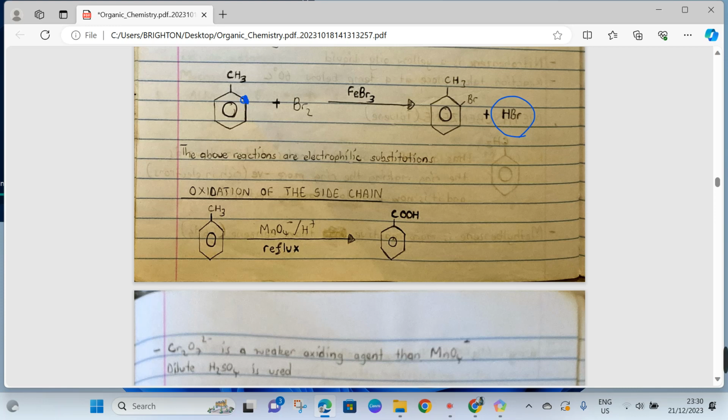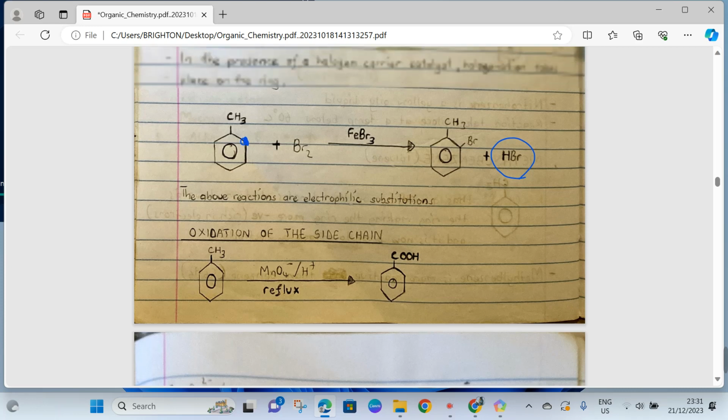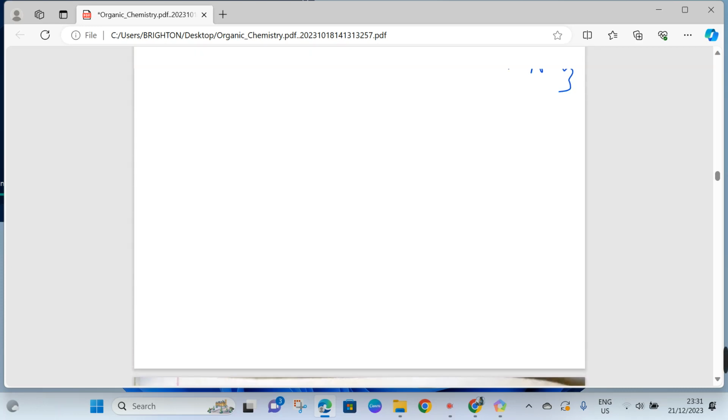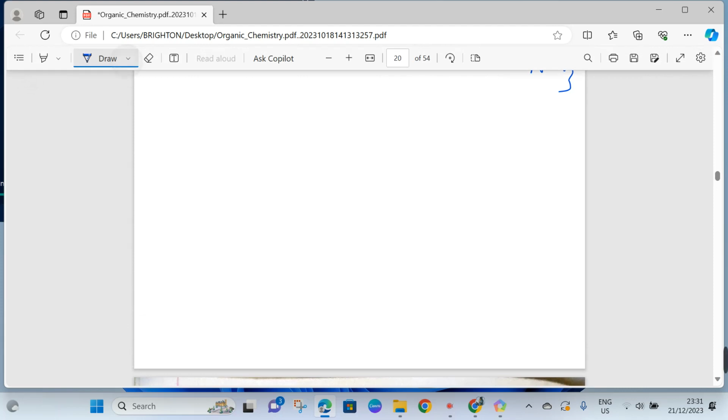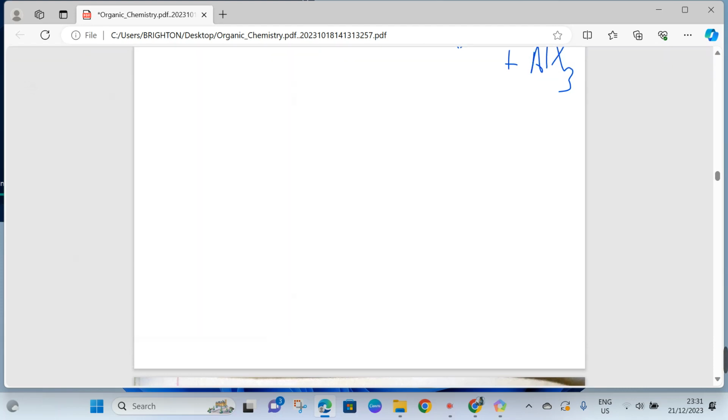Okay, now under Cambridge standards, this reaction may take place in stages. From methylbenzene, oxidation of the side chain, for example. Let me put it here. I have my methylbenzene here.